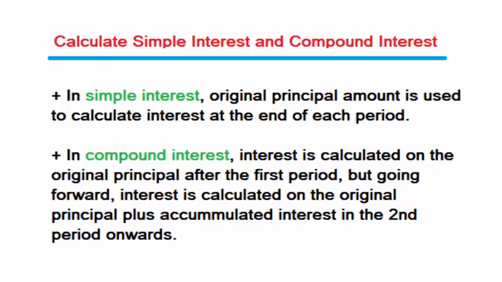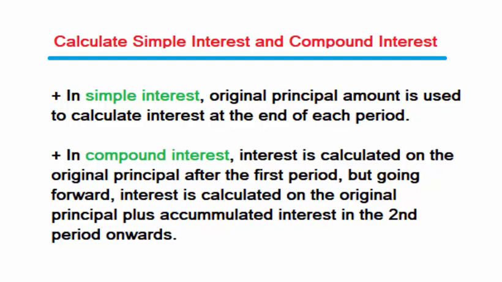Hello and welcome. In this lesson, we want to see how simple interest and compound interest is calculated. It might look simple, but it might be complicated if you keep on varying the duration over which the interest is calculated.